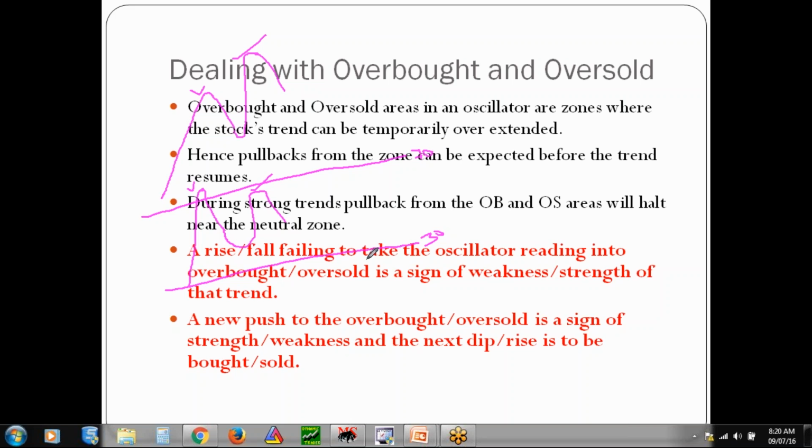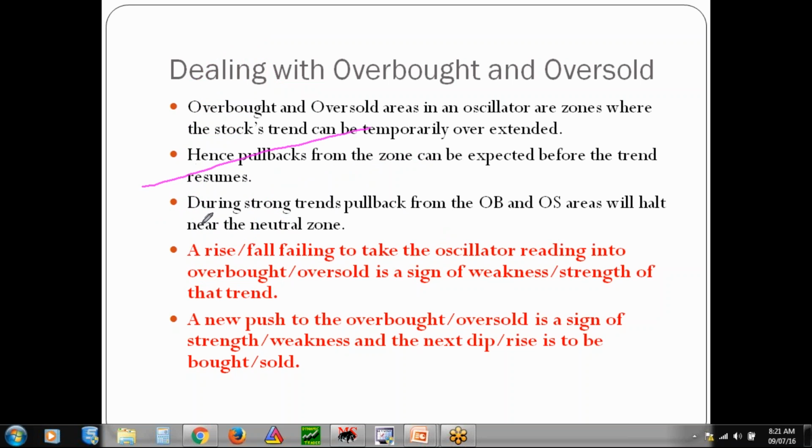That is a sign of weakness for the ongoing trend. Please understand this very carefully.